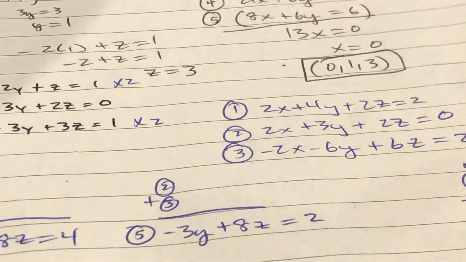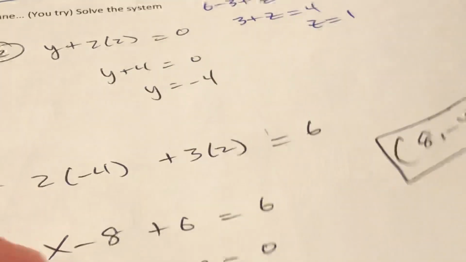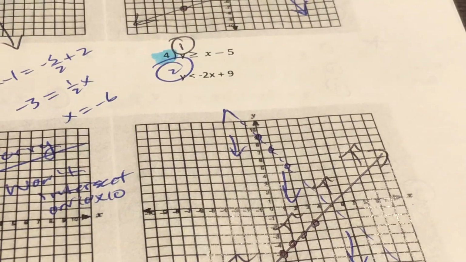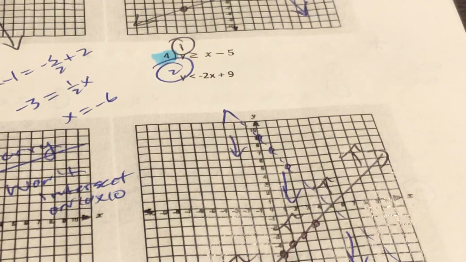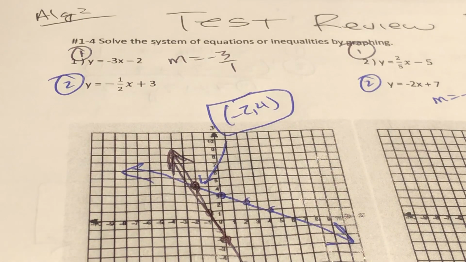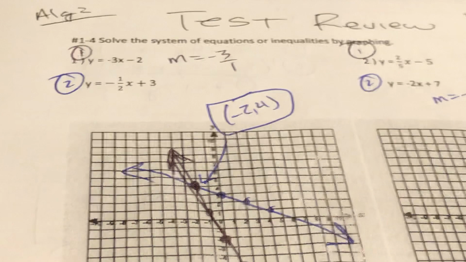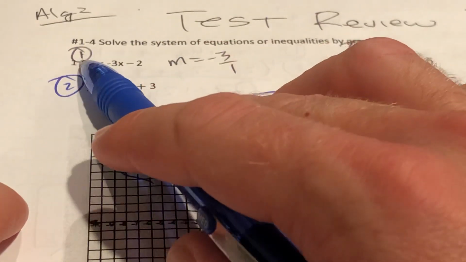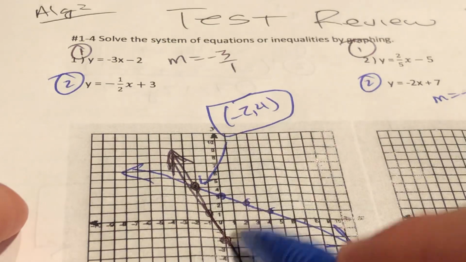Okay. Now, folks, what I want to do, first off, let's go to page 17, and actually, let's do all of page 17. Number 1, let's graph that first equation. -2 for the y-intercept.